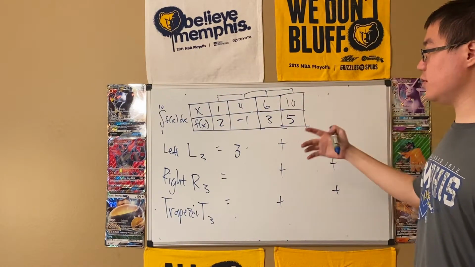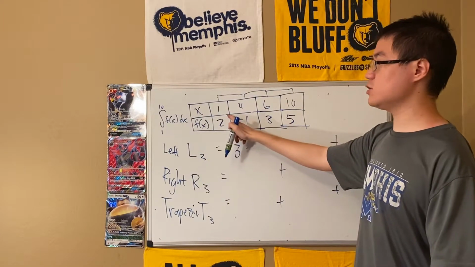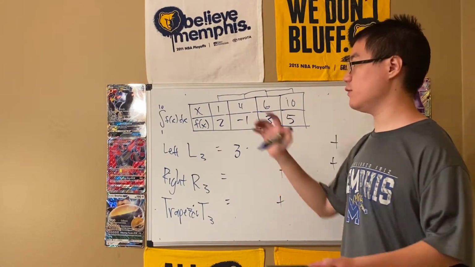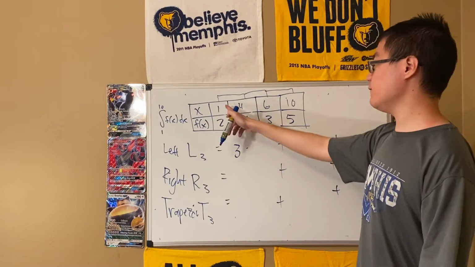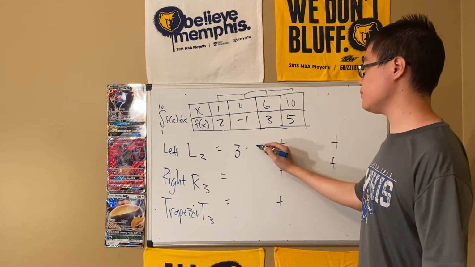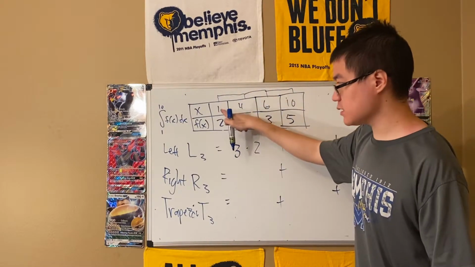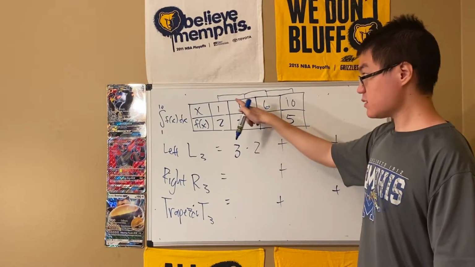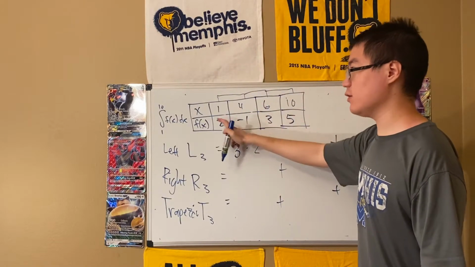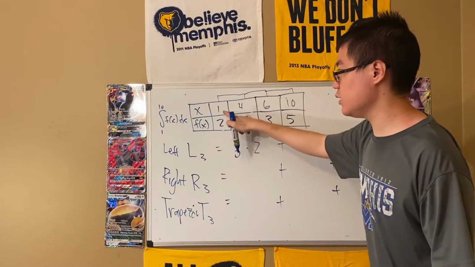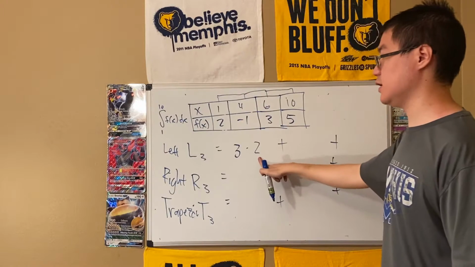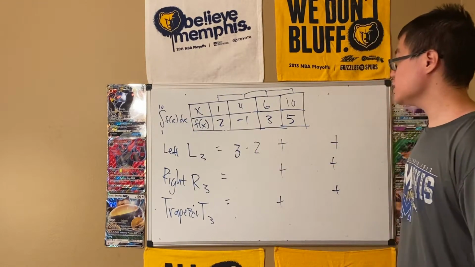Because we're doing L3, we're going to choose the function value, the y value of the left endpoint. So we're going to multiply this by 2. Base is always the difference in the x's. Height is the function value of the left endpoint. Plug in 1, you'll get 2, so that's the height. 3 times 2.